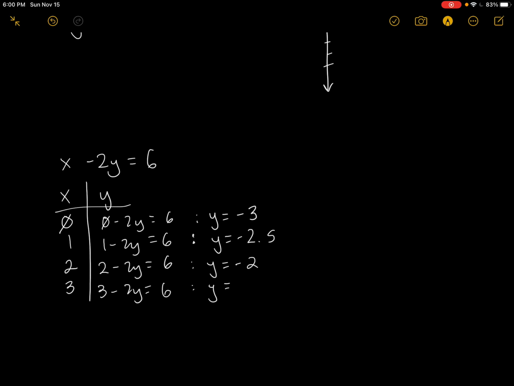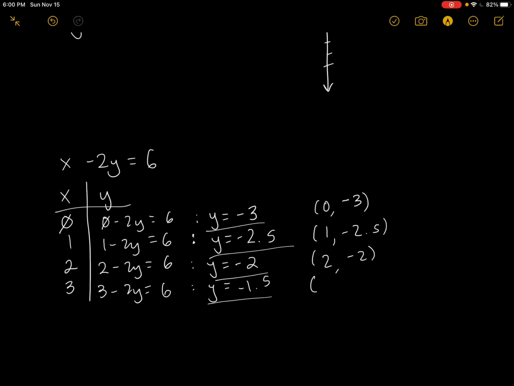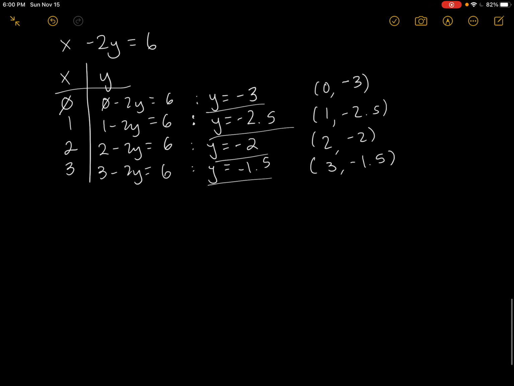Y equals negative 1.5. Okay, so these are my y coordinates. So I have all my points. If it helps, I can rewrite it like this. Right, x comma y. Okay, and let's graph it.